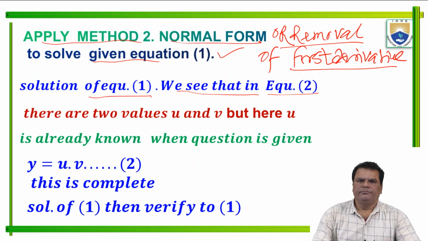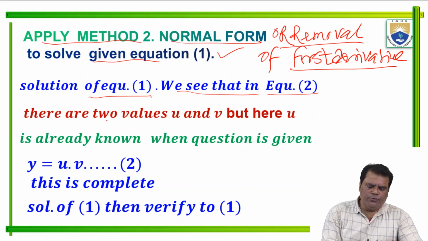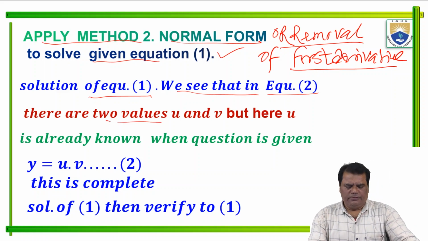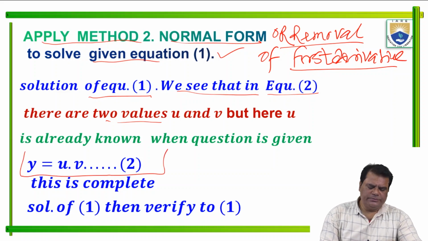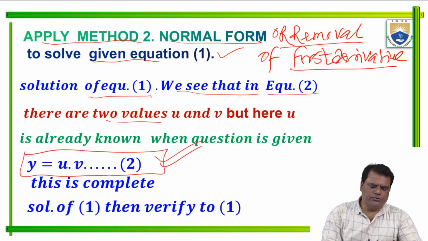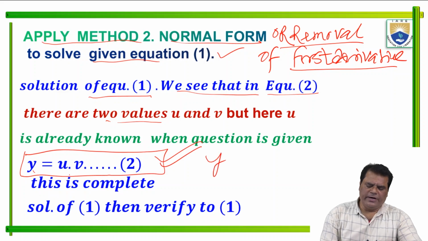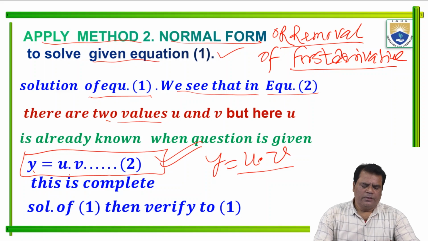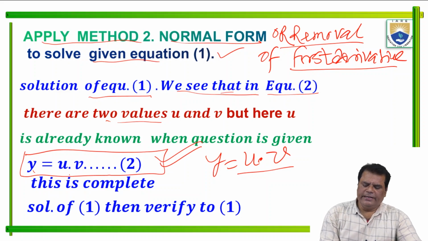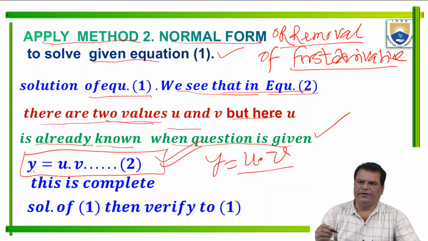Equation 2 is this. This is the solution, y equal to u into v. There are two solutions. We see that in equation 2 there are two values, u and v. What u is, is already known when the question is given.